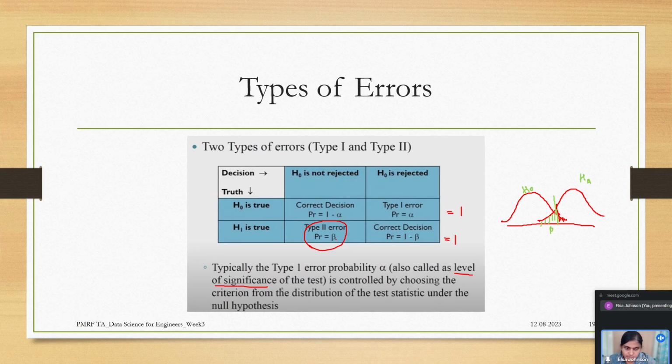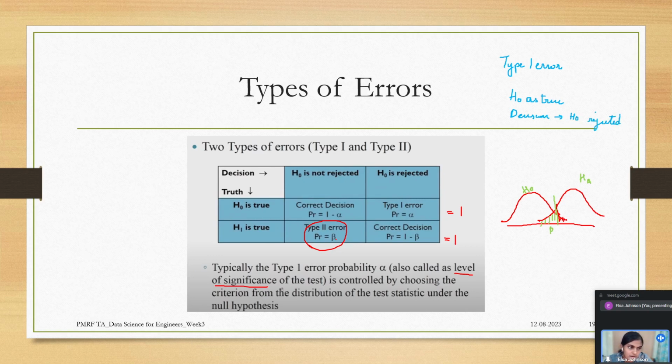There is the type 1 error. Type 1 error comes when H naught is true, your null hypothesis is true, and the decision comes as H naught rejected. That means it's a false case, right?